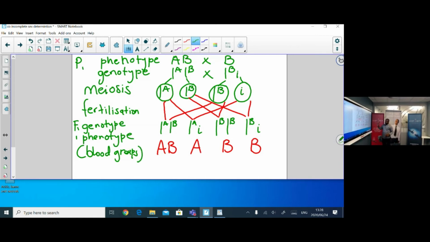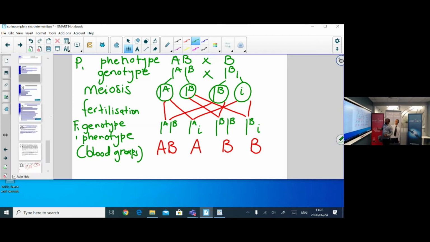Let's look at the genotypes and the phenotypes of the couple's children. Where's our question? There's our question.